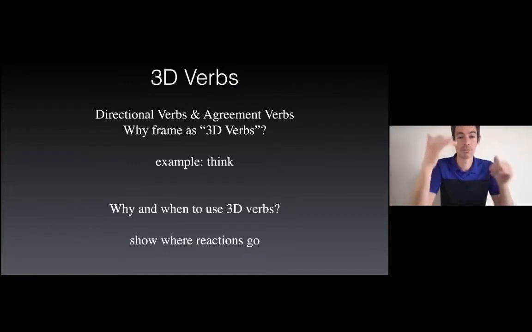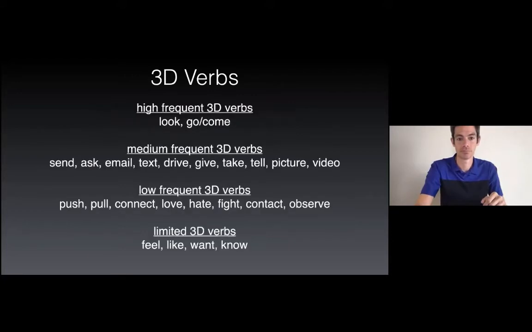So this is really interesting. I'll show you an example. As I have assessed 3D verbs, I'm seeing high frequent 3D verbs relate to two things: looking, as people are looking at me, looking at them, looking at others, and then going and coming.